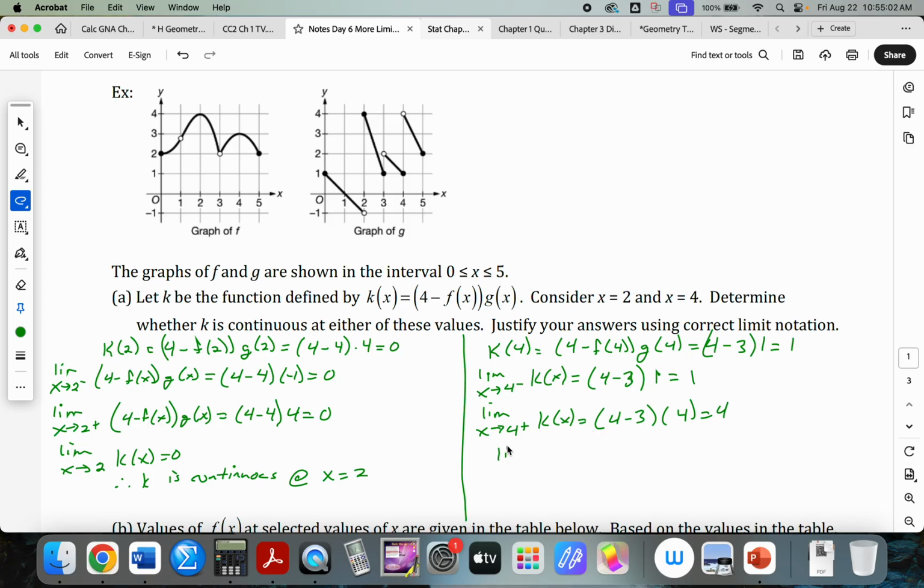So that means that the limit as x approaches 4 of k of x does not exist. Therefore, k is not continuous at x equals 4.